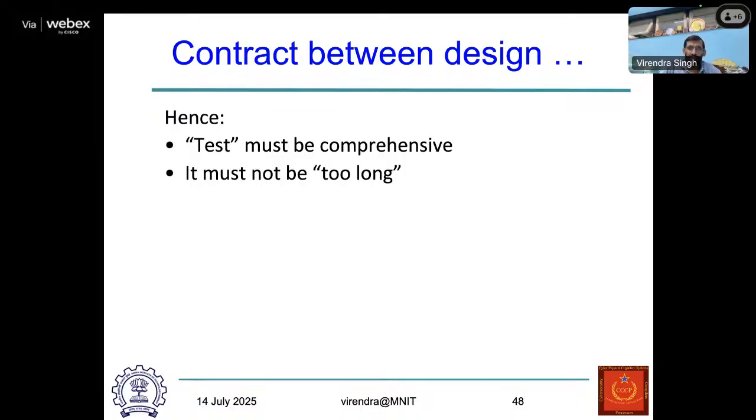Because I need an expensive tester to test that particular chip. When you need an expensive tester, what does that mean? Maybe I'll discuss later. I buy a tester, and I will use it for the next couple of years.